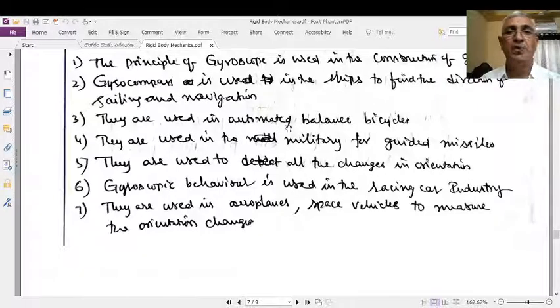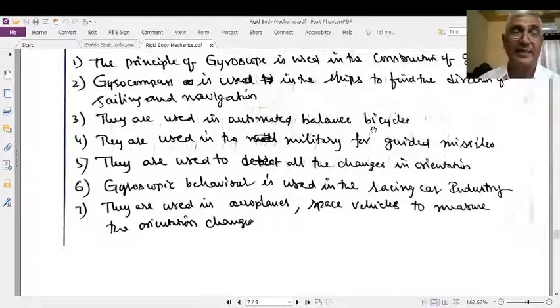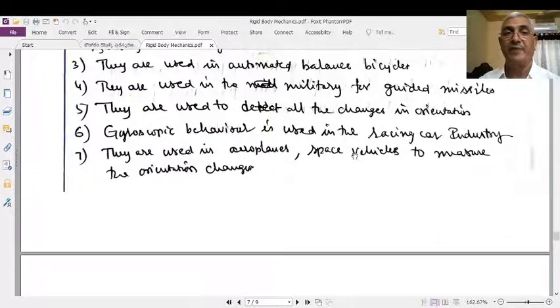They are used in automated balancing bicycles, race cycles. They are used in the military for guided missiles, which is very important. In order to decide the course of motion of a guided missile, the gyroscope is one of the very important parts.